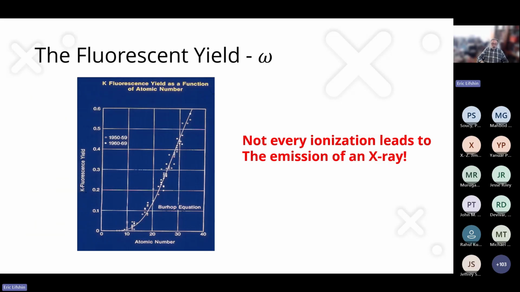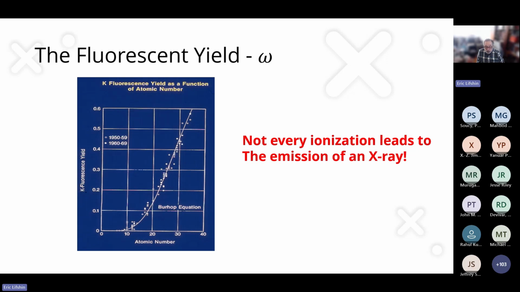Now, I mentioned before that you can either get X-rays out or Auger electrons. This is a plot of what's called the fluorescence or fluorescent yield as a function of atomic number, particularly for K-level ionizations. The point to note here is that for a very low atomic number, only a very small fraction of the ionizations actually lead to the emission of X-rays.